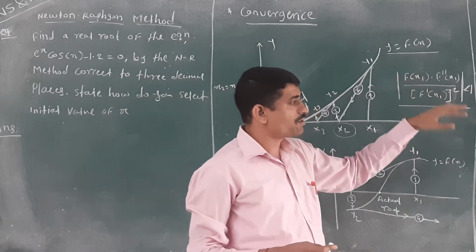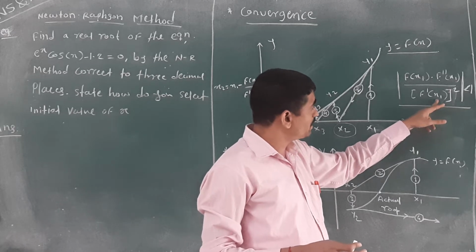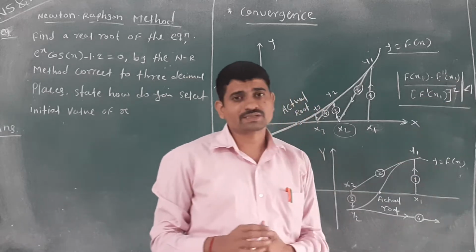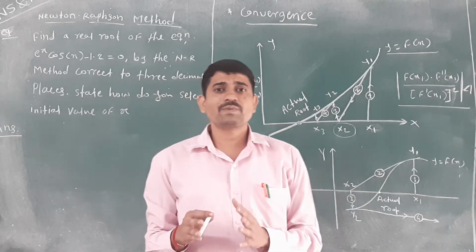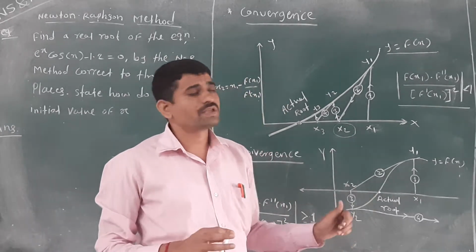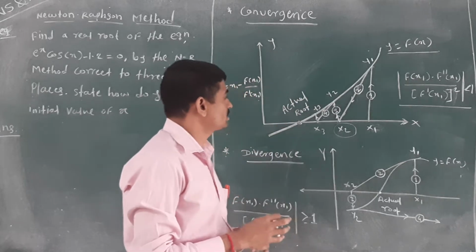Again if you differentiate f dash of x, you will get f double dash of x. Clear? If the problem statement clearly mentions convergence, solve this problem with the Newton Raphson method, convergence.